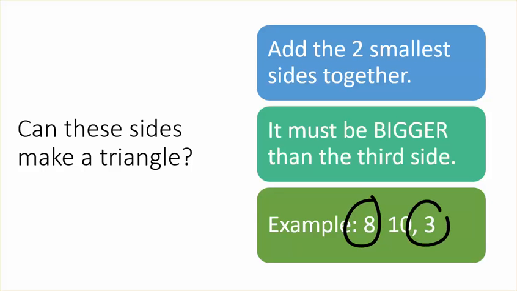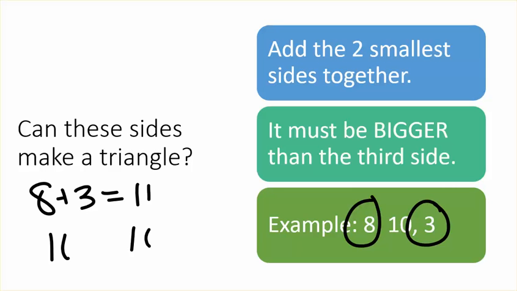So 8 and 3. So I'm going to add 8 plus 3 together. 8 plus 3 is 11. Then we have to compare it to the remaining side. So 11 compared to 10. 11 is bigger than 10. So yes, 8, 10, and 3 can make a triangle.